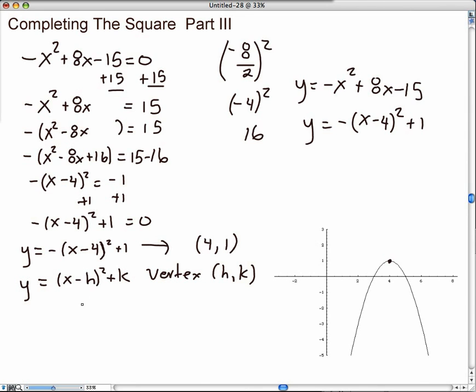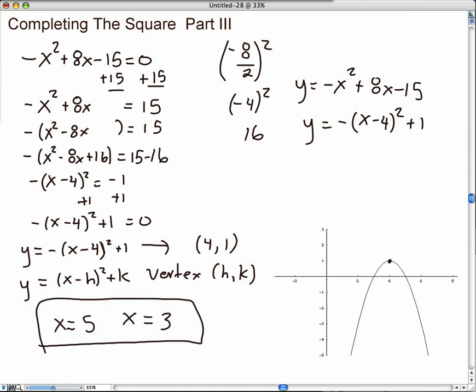And the answers, if you remember, if we continued here on completing the square, were x equals 5 and x equals 3. You ever wonder what these answers are? Well, x equals 5 is right there, and x equals 3 is right here.